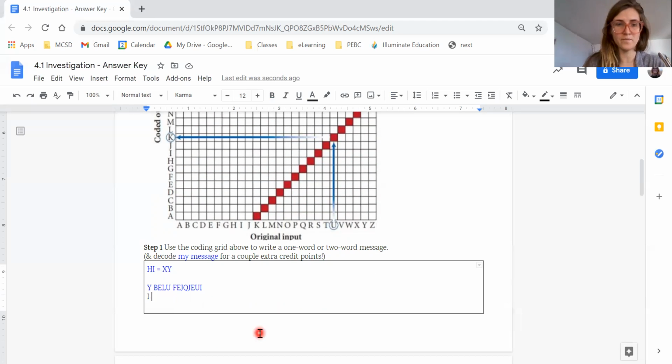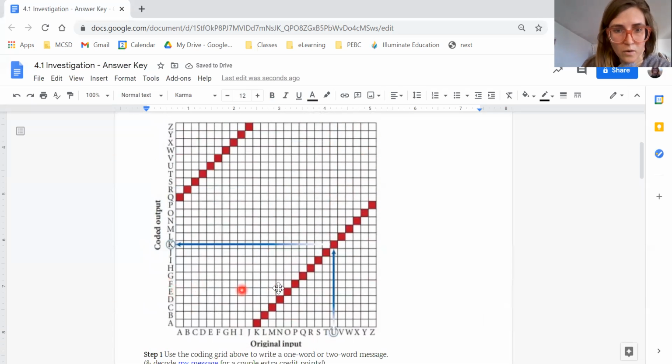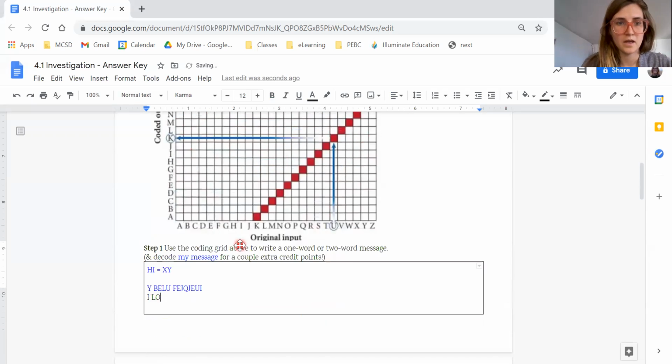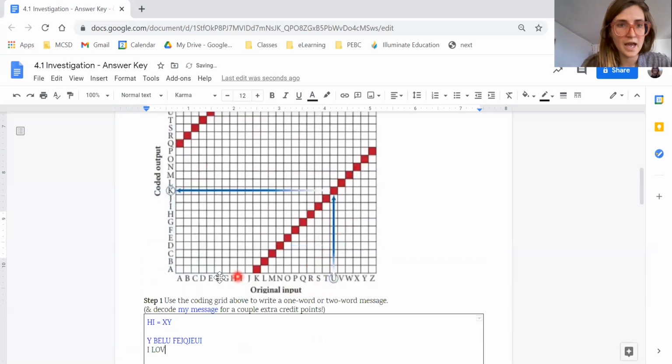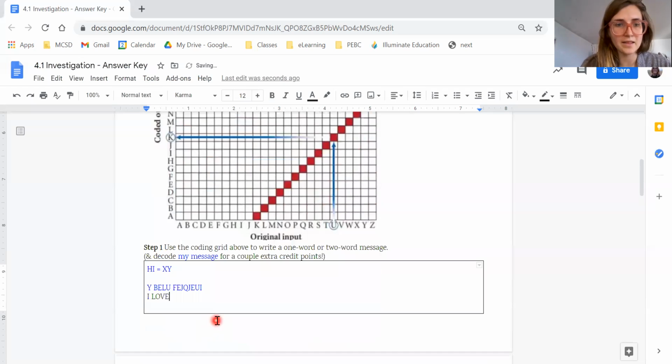So that's L. And then E is here. Go over and it's O. Then for the L, I go up to L and then over. And my red cube is right there, which is V. So V. And then U. So U is here, which looks like it's E. So I love something. And I'll let you guys figure out the rest.